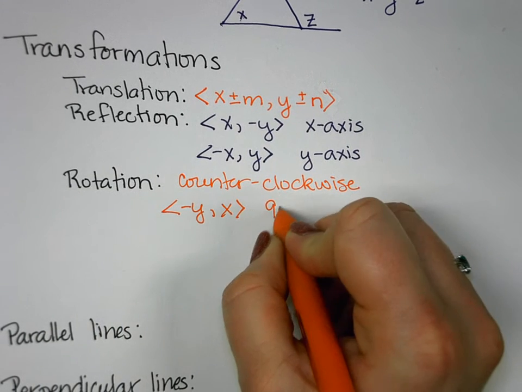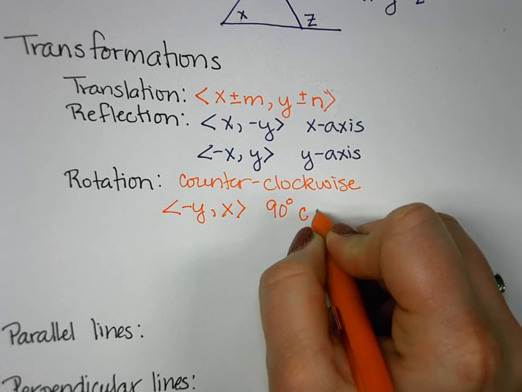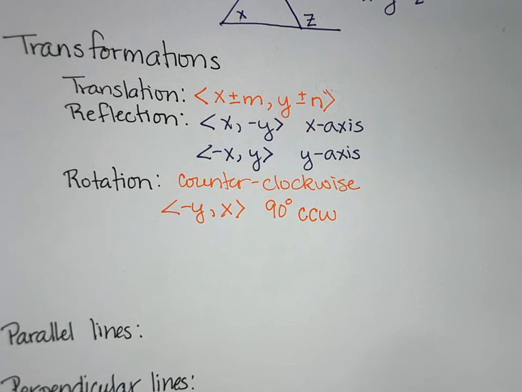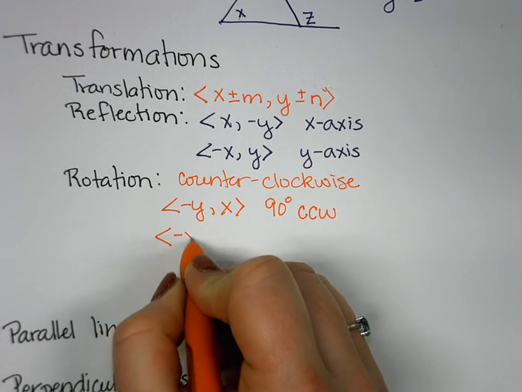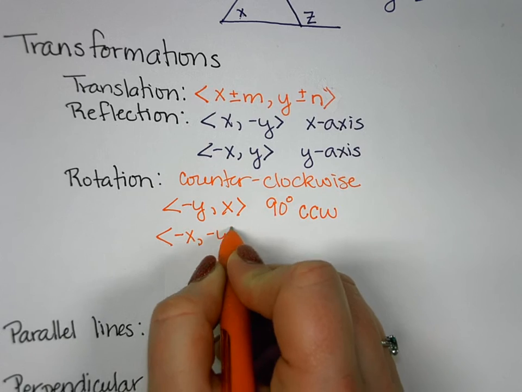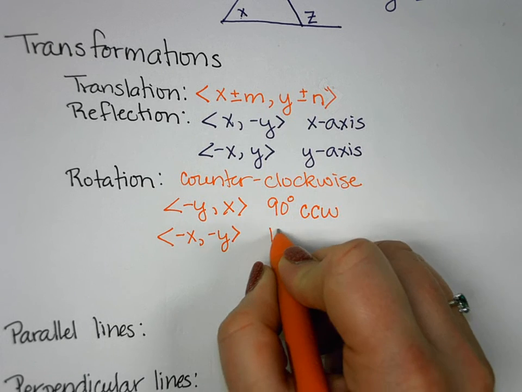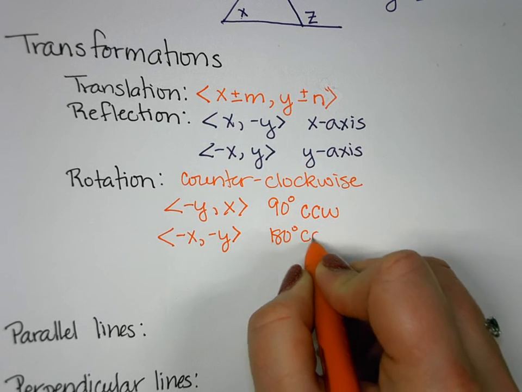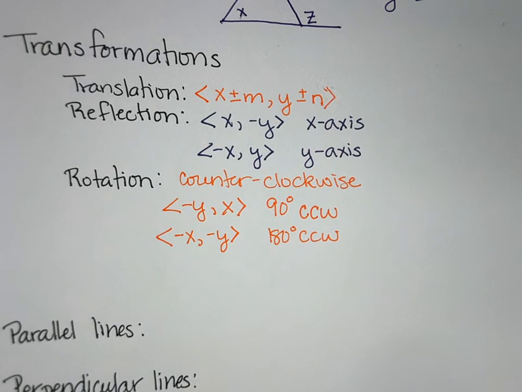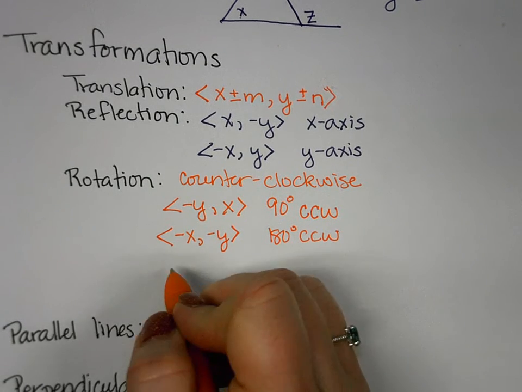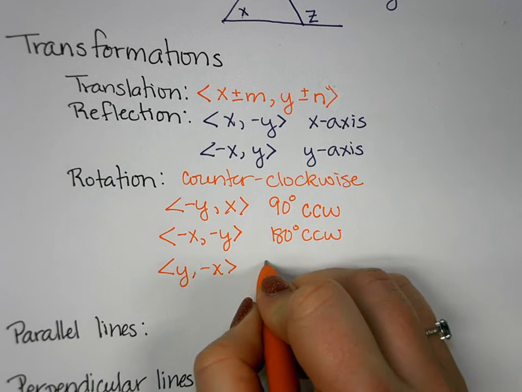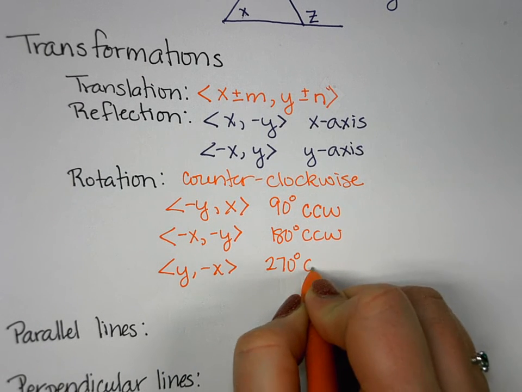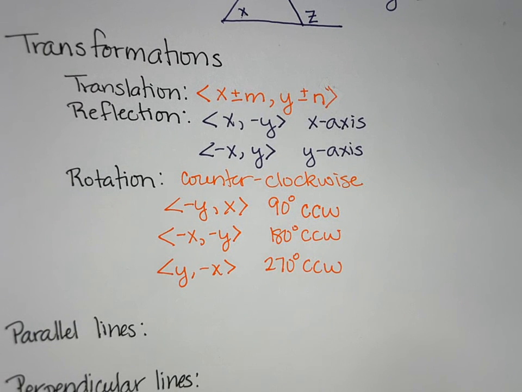That represented a 90-degree counterclockwise rotation. If we kept x and y in the same spot but made them both negative, that was a 180-degree counterclockwise rotation. And then lastly, we had y comma negative x. That was a 270-degree counterclockwise rotation.